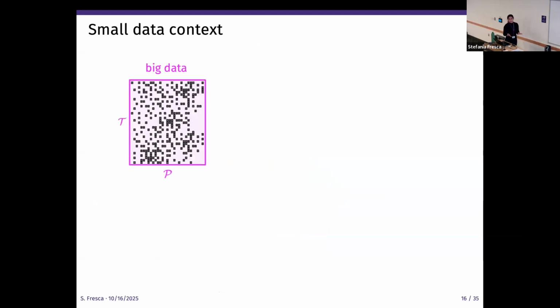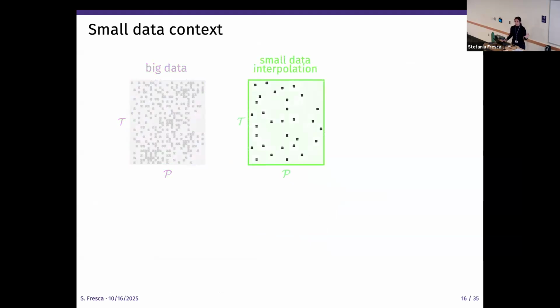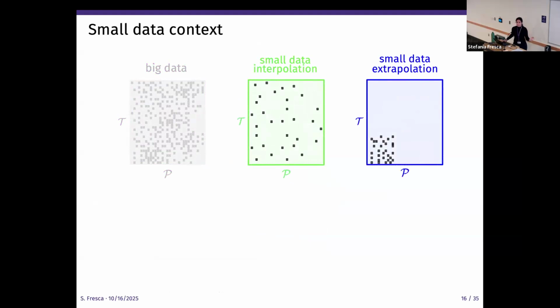Scientific machine learning does not pertain to a big data context, but rather a small data interpolation or a small data extrapolation context. In the first case, we sample scattered data from the entire time-parameter domain, thus leaving a large portion of it substantially uncovered by training data.